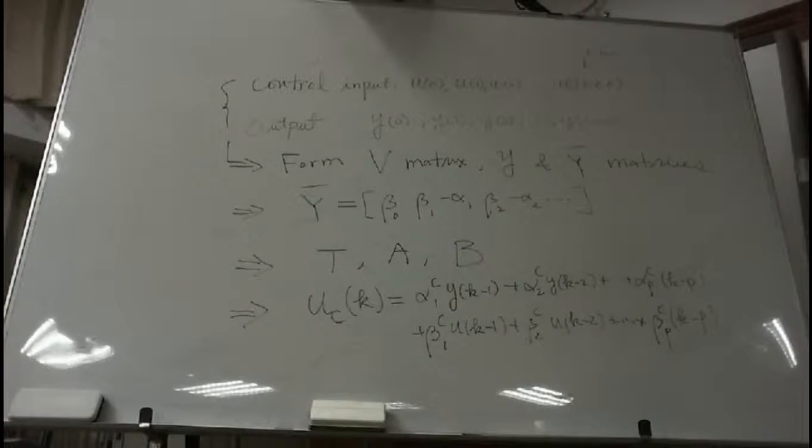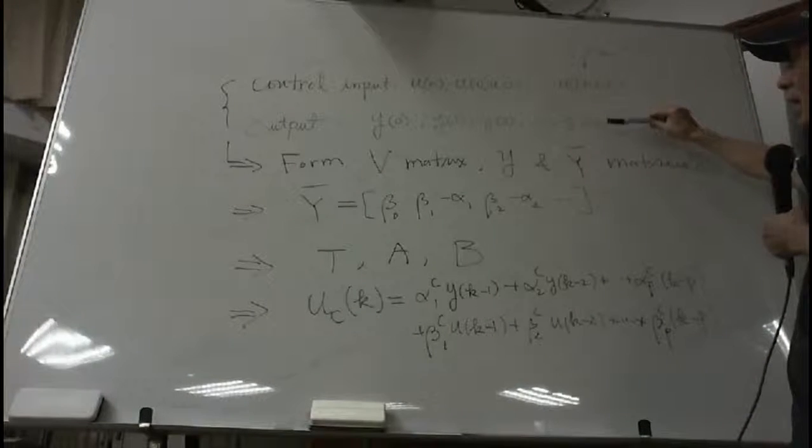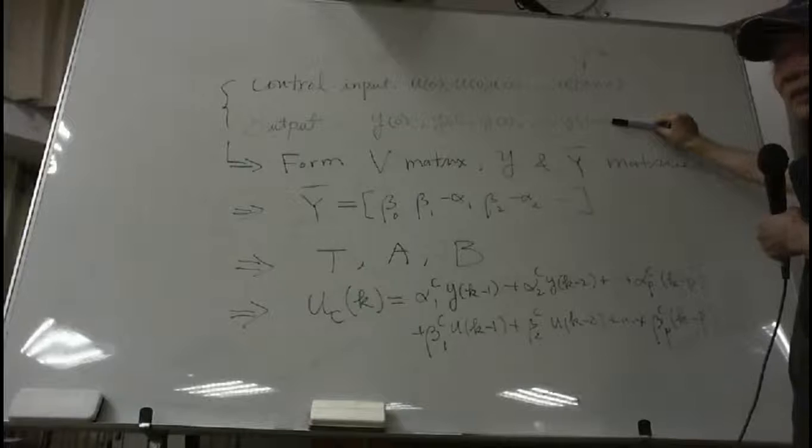So you got a control input, the 5-second control input, and 5-second output, a sensor output.